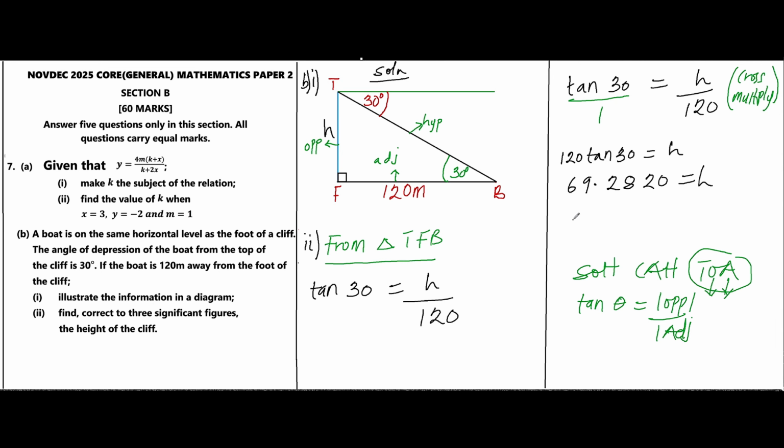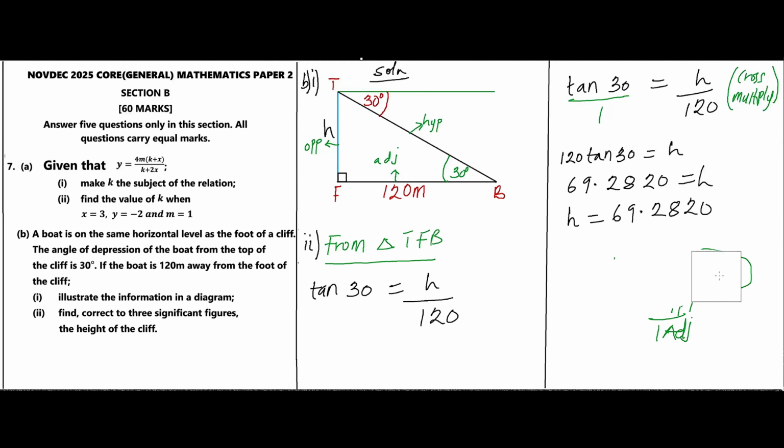correct our answer to three significant figures. So we know that h is 69.2820. So let's correct the height of the cliff to three significant figures. So we have h being equal to, so there is the first significant number, the second and the third.